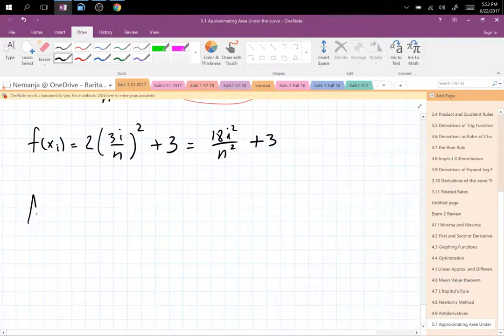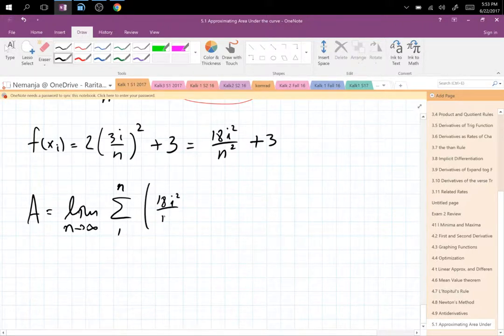So now area is equal to the limit n goes to infinity, summation 1 to n, and now inside here I have to take the function, which is 18i squared over n squared plus 3, and multiply that by delta x. Delta x was 3 over n. So that was the setup.